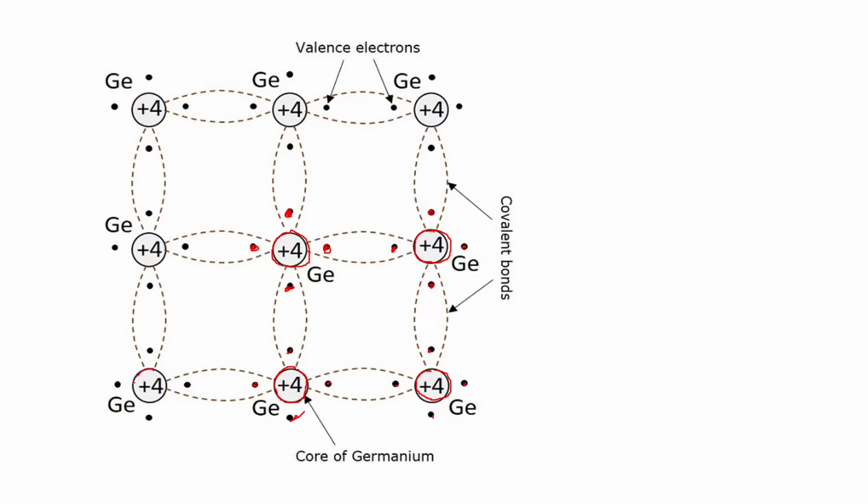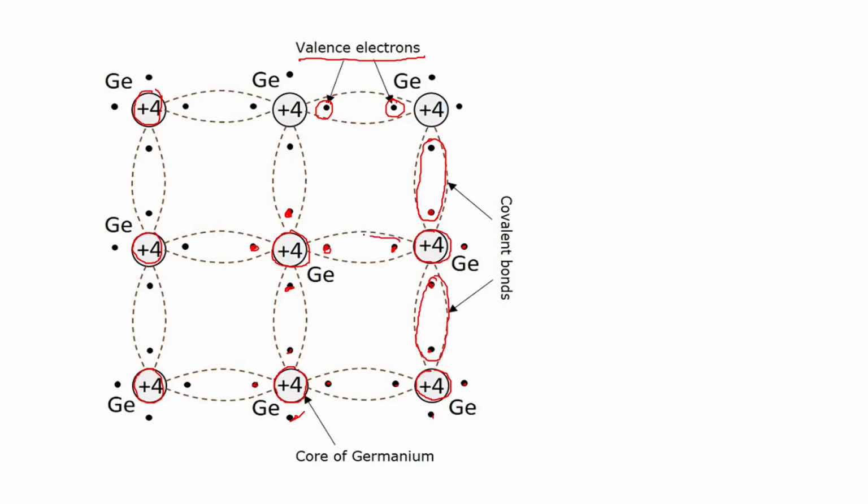Similar case will be here, and similar case will be here, and similar case will be here. So this pattern you can see. These electrons which are going to form the bonding are the valence electrons, and the bonding which they form, this is the bonding, one valence electron with another electron, and here also you can see there is a bonding.